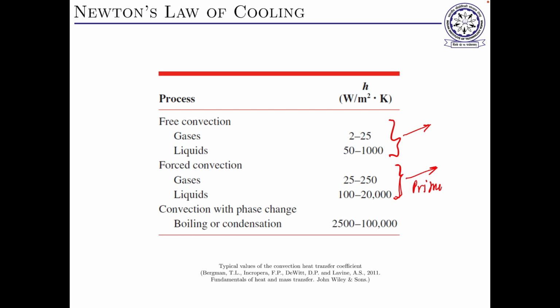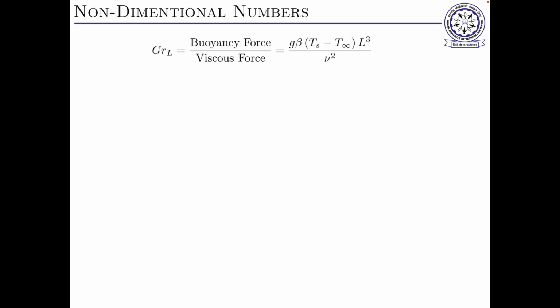In phase change, boiling or condensation, the heat transfer coefficient is very, very high, or maximum. But the advantage of natural convection is that you don't need any external agency or external force. If you design the system properly, it will work just fine. You need not do anything.